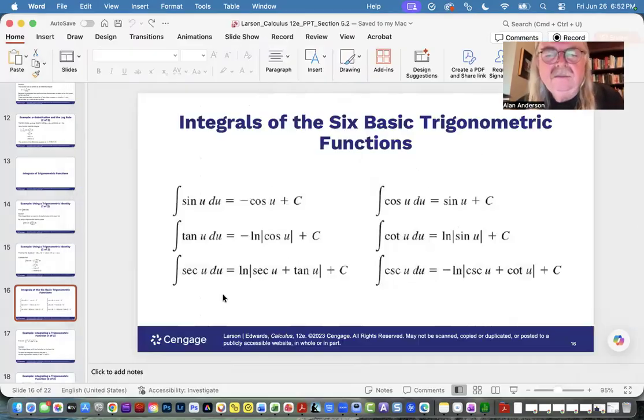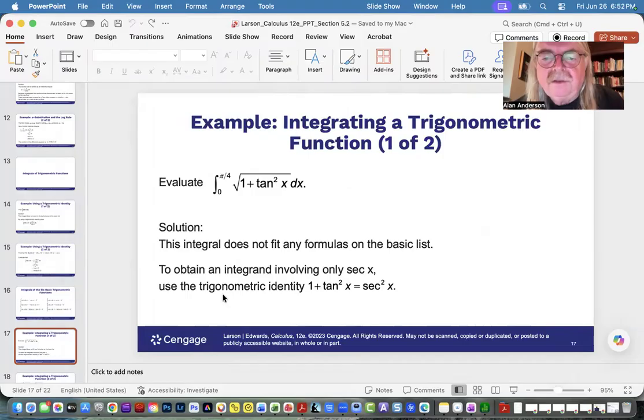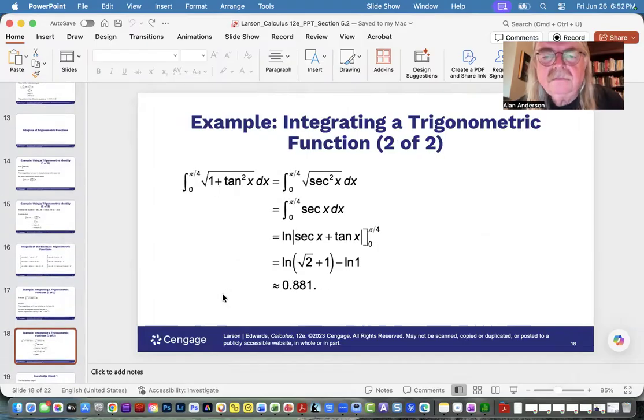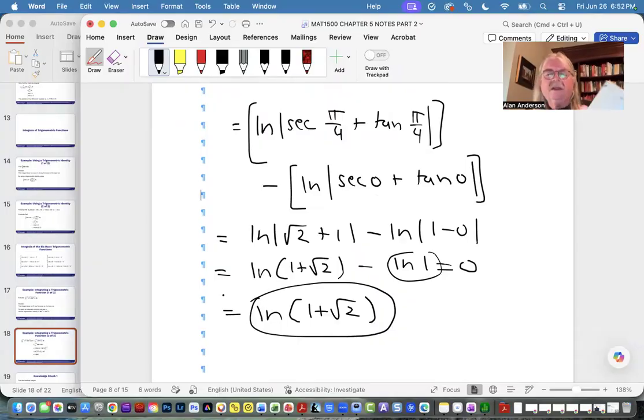All right. Well, that was a bit involved. Yeah, well, they left it in as log 1, but log 1 is 0. So it says here that's approximately 0.881. Let me just confirm that.